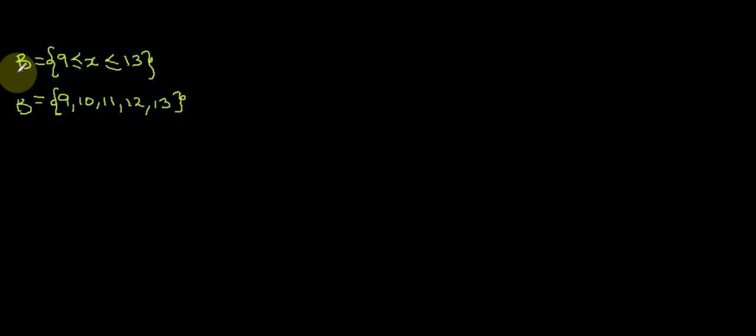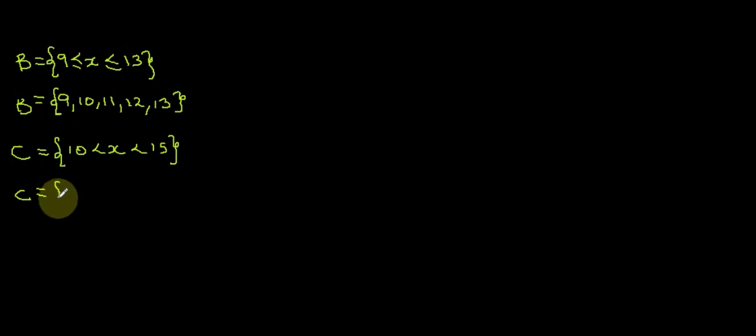But assuming there is no equal to, let's say we have another set C, and they said 10 less than x less than 15. Now this is trying to say that 10 and 15 are not inclusive. So x is greater than 10, so we have 11, 12, 13, and x is less than 15. That means we are stopping at 14. So this is the answer to this given rule. This is also the answer to this given rule.